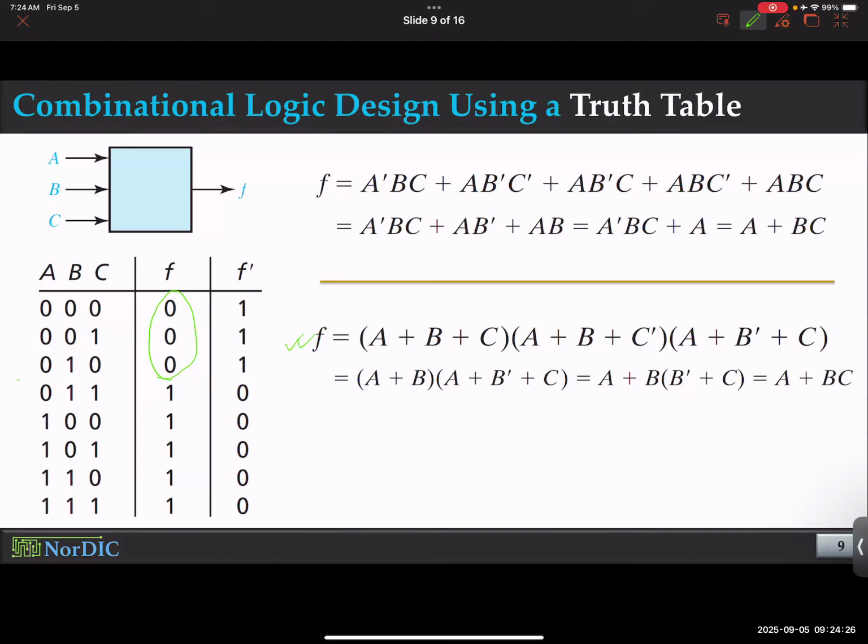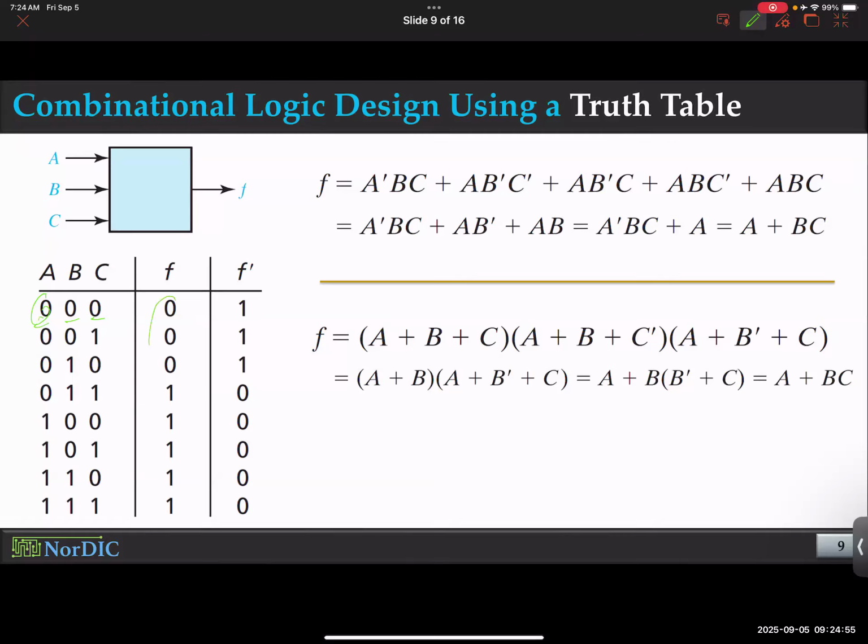Wherever you have 0, you take the regular input, and wherever you have 1, you have to take prime. So basically exactly the opposite to what you were doing. Previously, wherever there was 0, you had to take prime to make it 1. But here, for OR operations, you take 0 to correspond to your functional inputs.